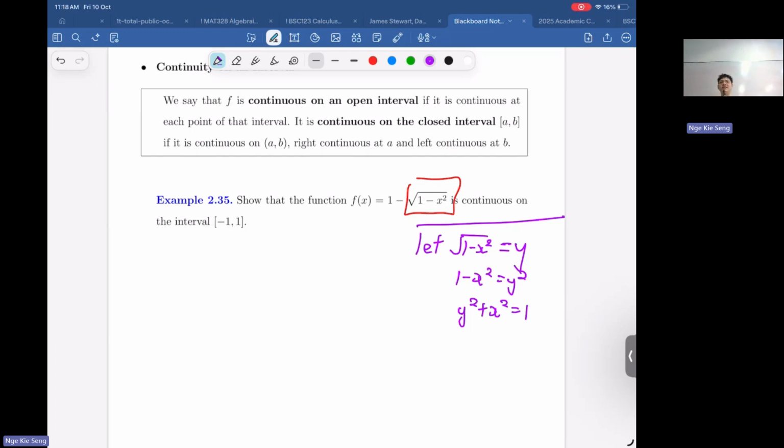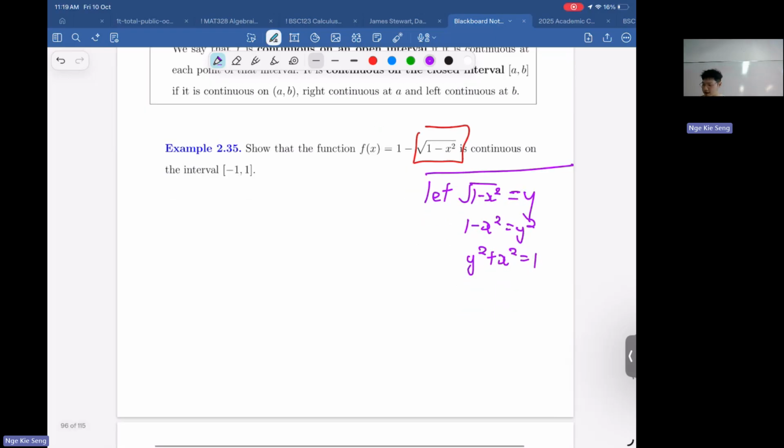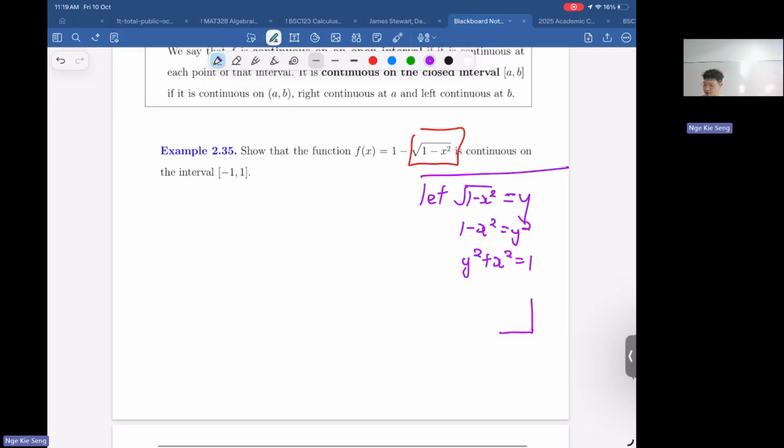What kind of circle? Radius 1. Okay, radius 1 circle. Another way to see the circle: you know the Pythagoras theorem? a squared plus b squared equals c squared. So this tells you what? The x coordinate and the y coordinate, what's the length of the hypotenuse?